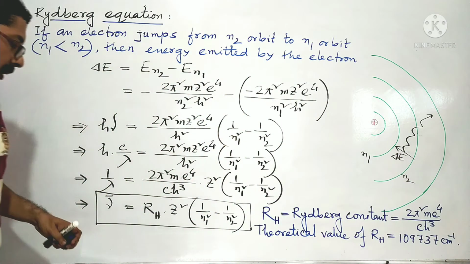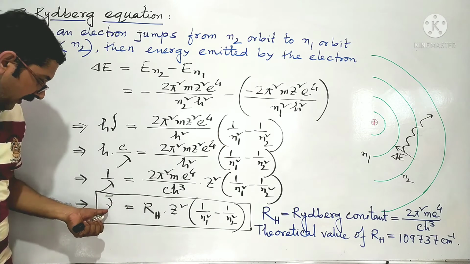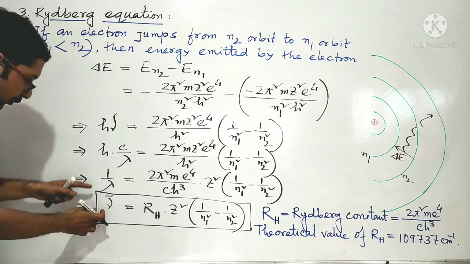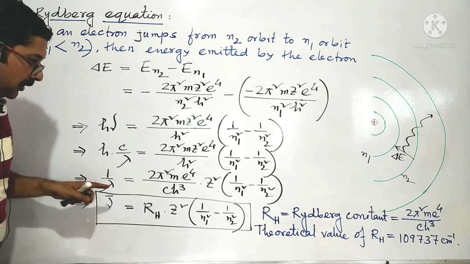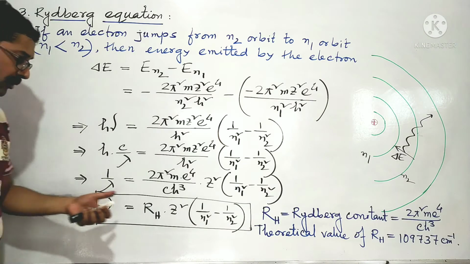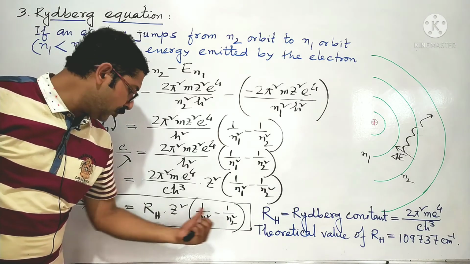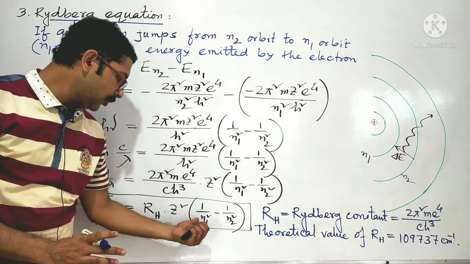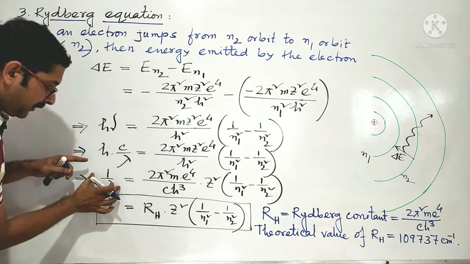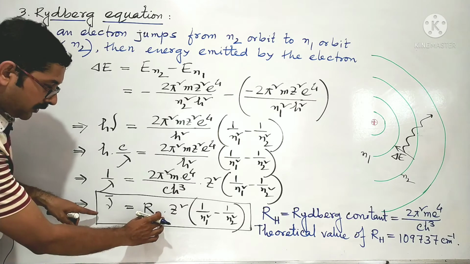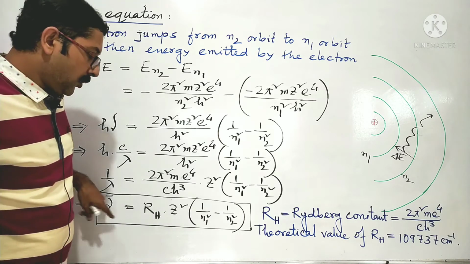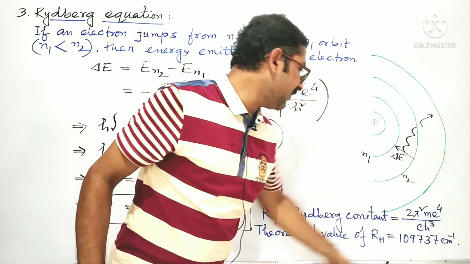Look, the dimension of nu bar and RH are identical, and nu bar equal to 1 by lambda, because n1, n2, z are only values, they have no dimension. So the dimension of RH and 1 by lambda are equal, or the dimension of RH and nu bar are identical.